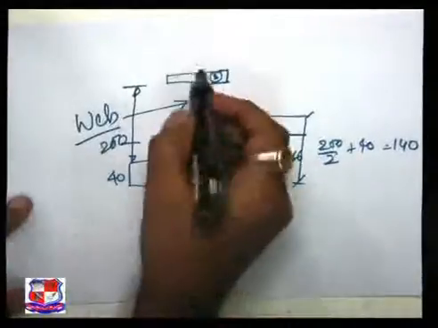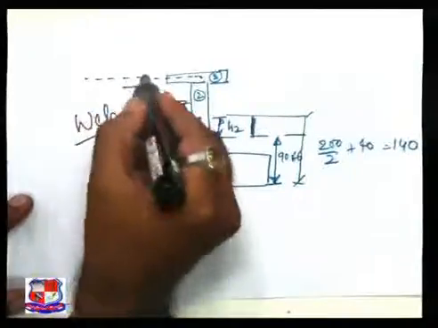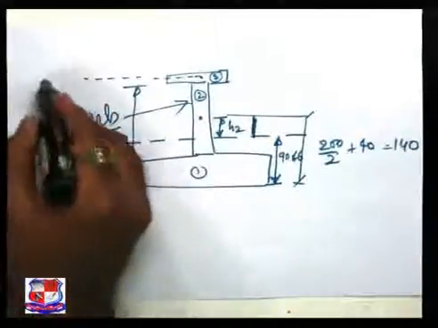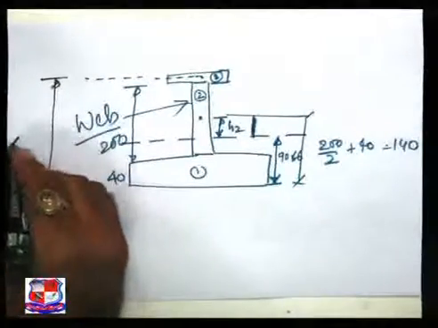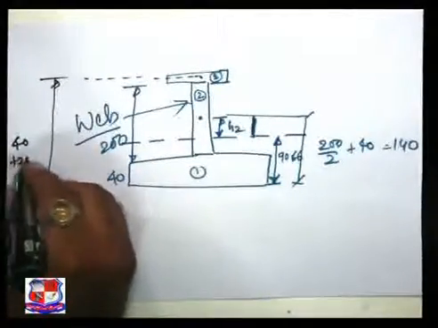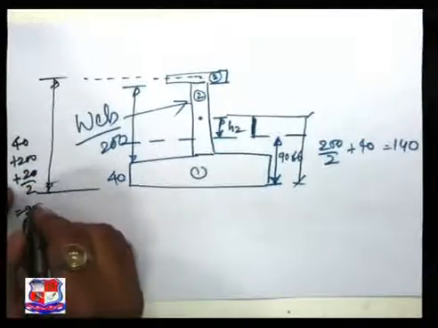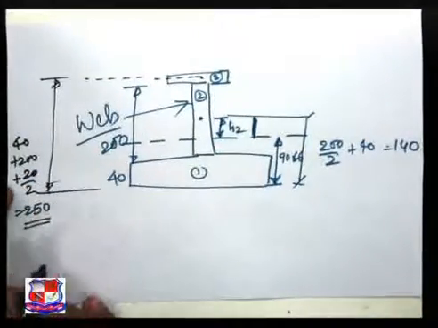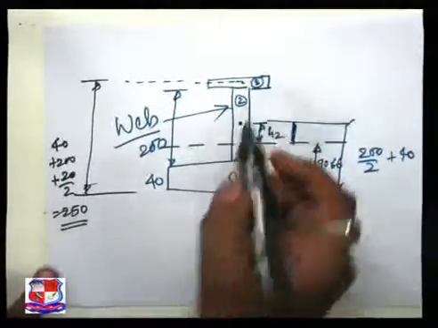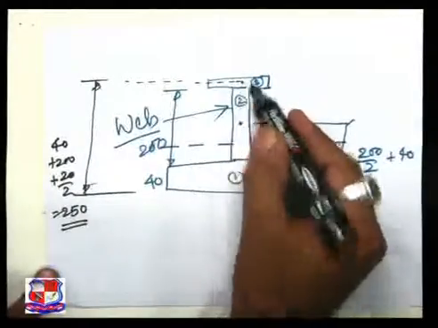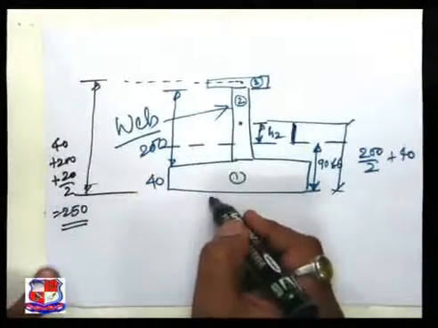The distance from the CG of the third part to the bottom face is 40 plus 200 plus 20 by 2, that is 250. 250 is the distance from the CG of the third part to the bottom face.